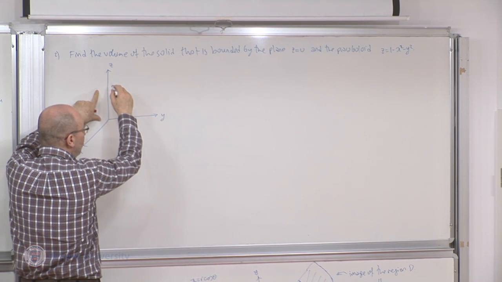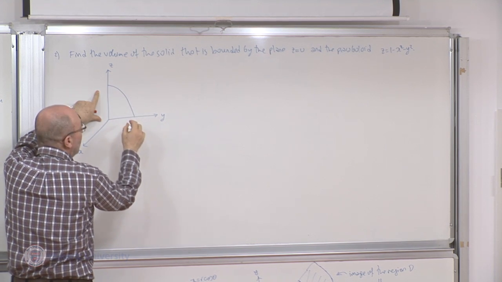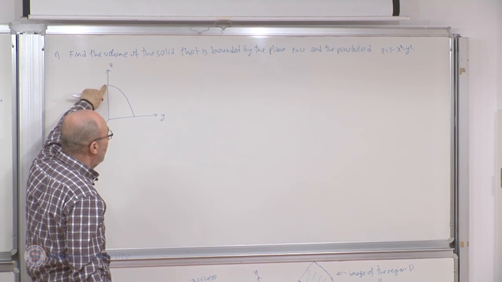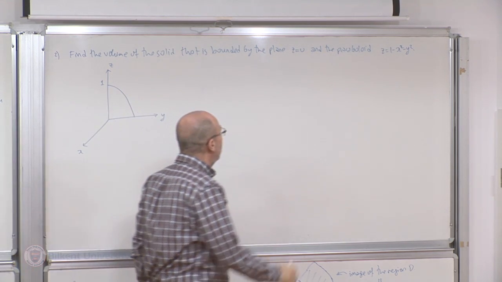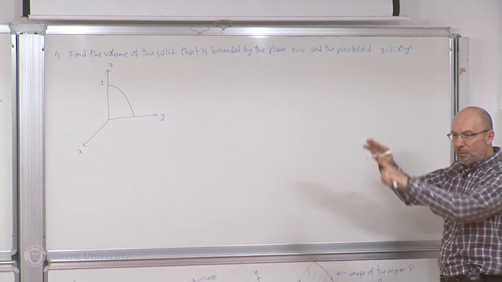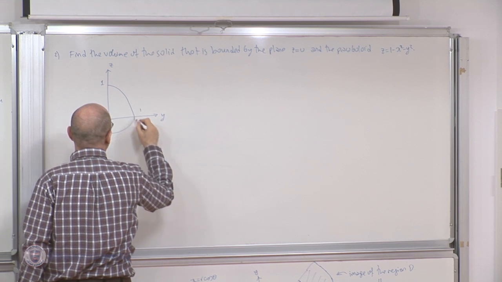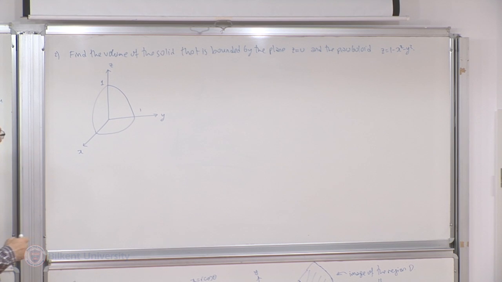So it is something like this, a parabola. When y is equal to 0, we have 1 here. Okay, so this is 1. And x equals 0, z equals 0, y is plus or minus 1 on both sides. So this is again 1. And here we have this circle, and this goes like this.